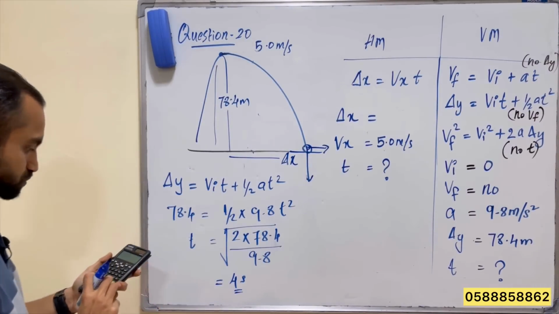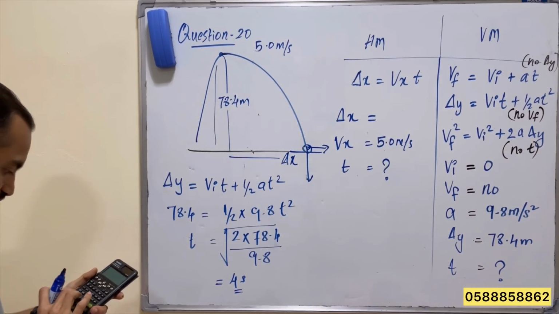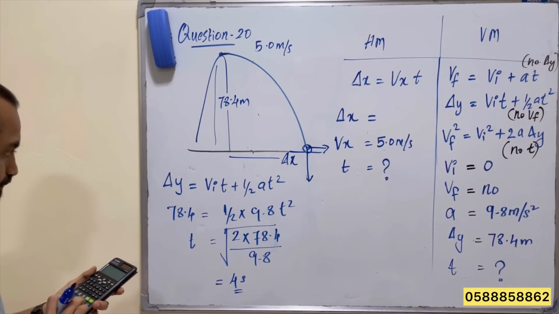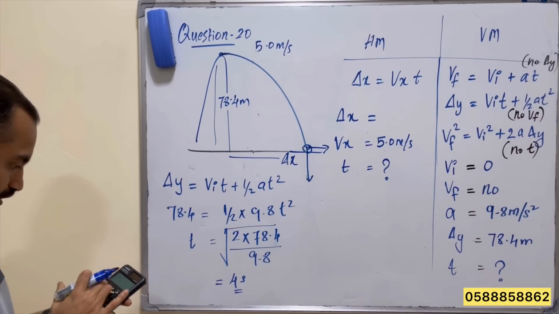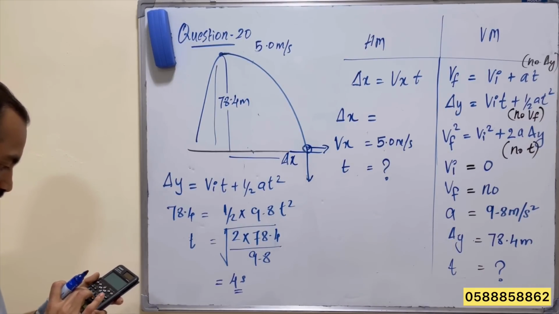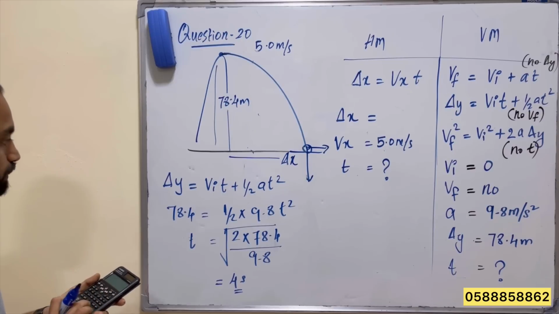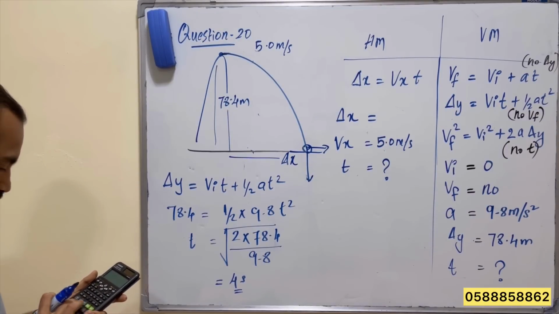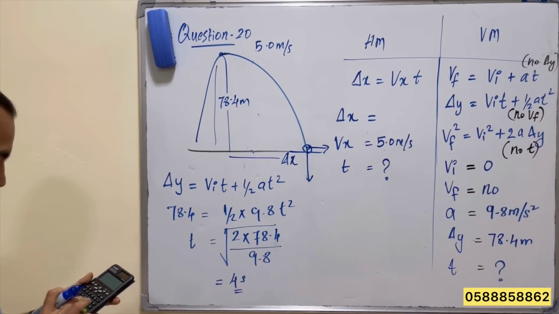I will try shift solve again. 78.4 alpha equal 0.5 multiplied by 9.8 multiplied by t squared, right?